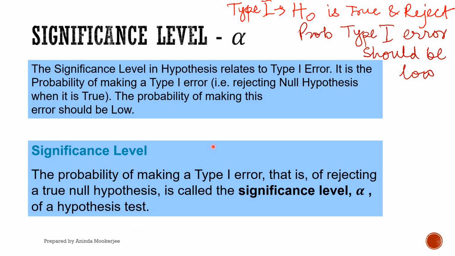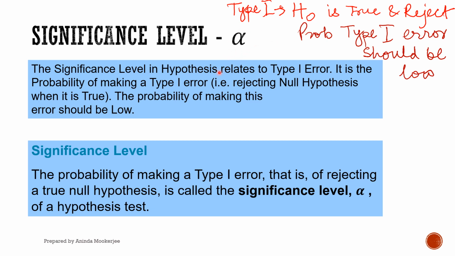Now, that probability of making a type 1 error is called the significance level in statistics, especially in hypothesis testing. A significance level implies the probability of making a type 1 error. That's the term we use for the probability of making a type 1 error, which is rejecting a true null hypothesis.